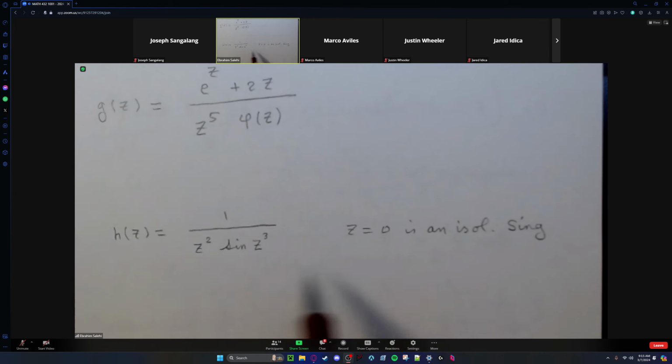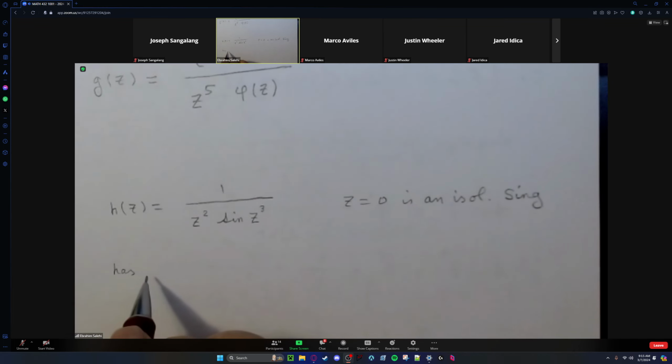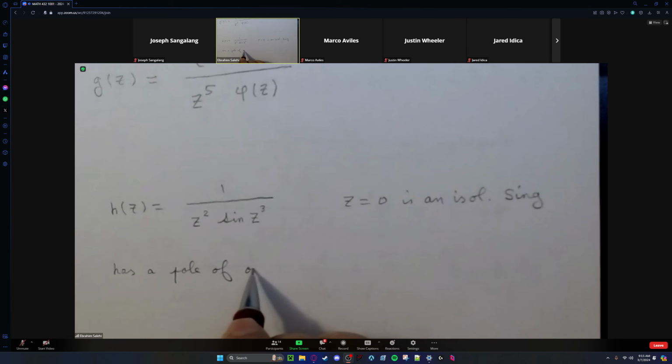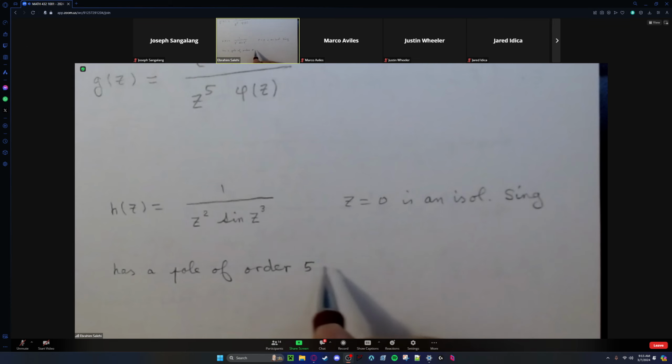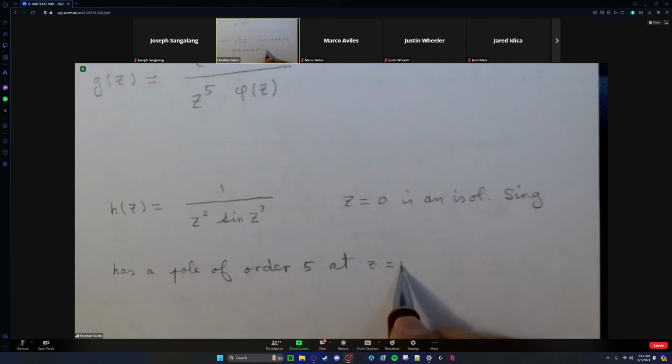So this one has a pole of order 5 at z equals 0, because its reciprocal has a zero of order 5.